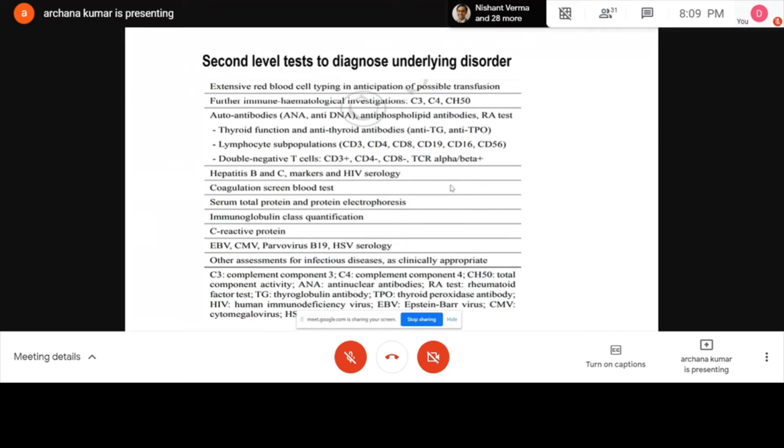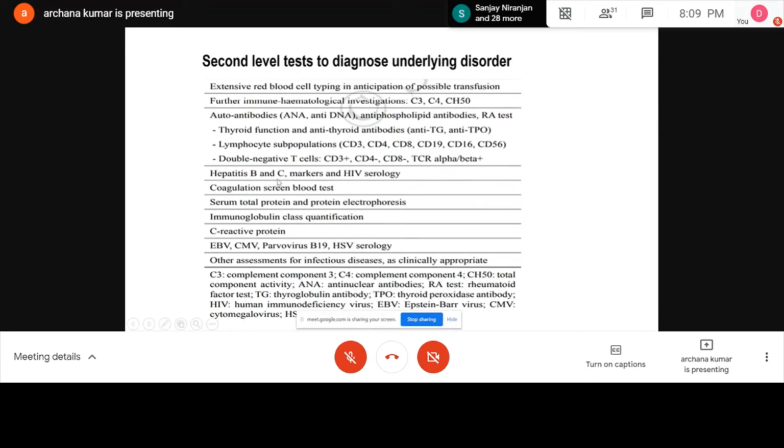Then lymphocyte subpopulations are very important, and especially look at the double negative T cells, which are CD3 positive but negative for CD4 and CD8, and TCR alpha beta positive. These are typical for ALPS, which may be an underlying disorder, especially in many of the older children.